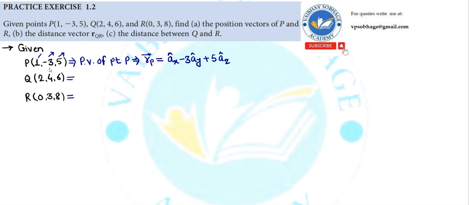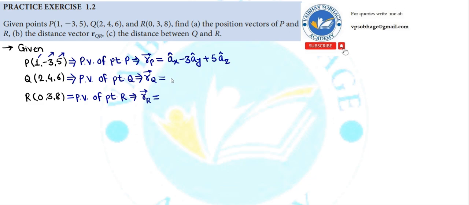Now in a similar fashion, we can go with the position vectors for points Q and R. Till I write it down, you can work out those position vectors and check whether you are right or not. Now what will be the position vector for point Q?